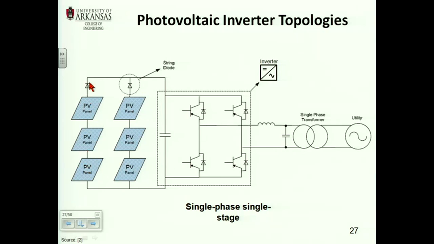This is another topology. Right here you have the panels connected in series, and that's the string diode. And here, in this case, you have a capacitor, right? Why do you have a capacitor? Remember, when the panel cannot provide you the load, because the sun is not shining very hard, what are you having?